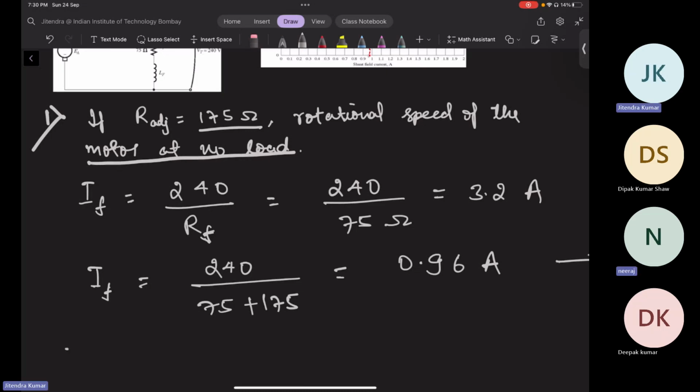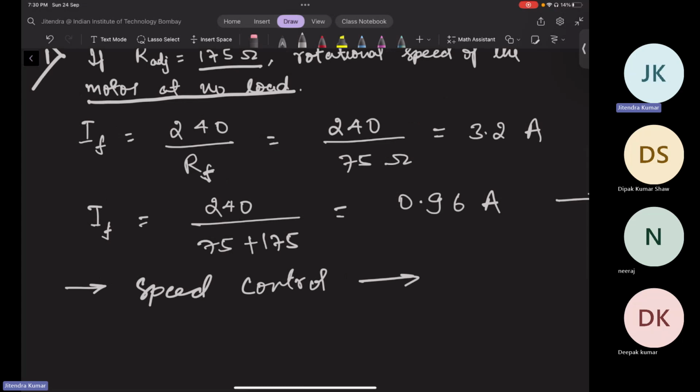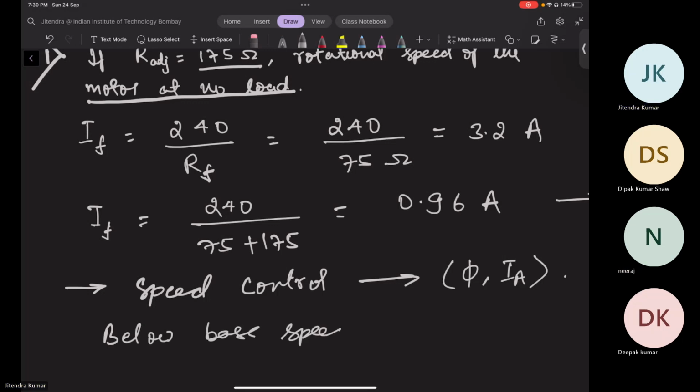So we have two types of control, either speed control that depends on flux and current, right? So below base speed, you have to maintain constant flux.